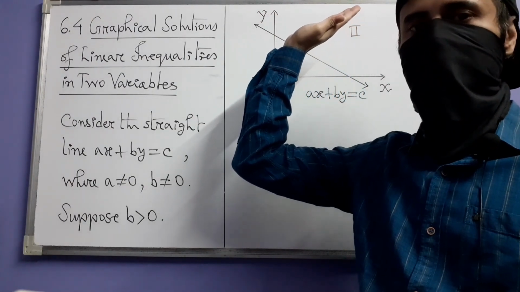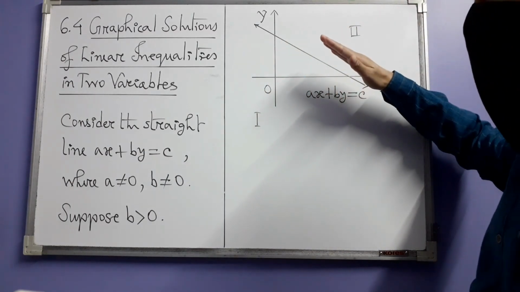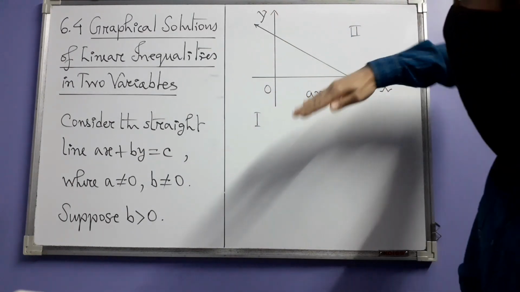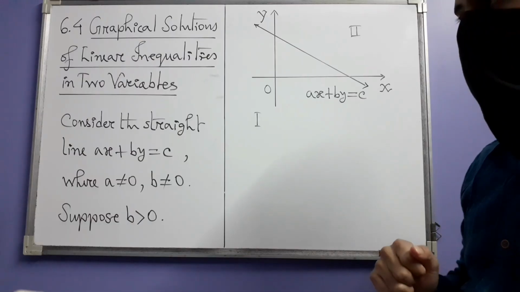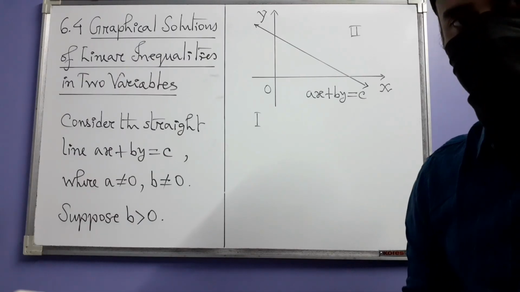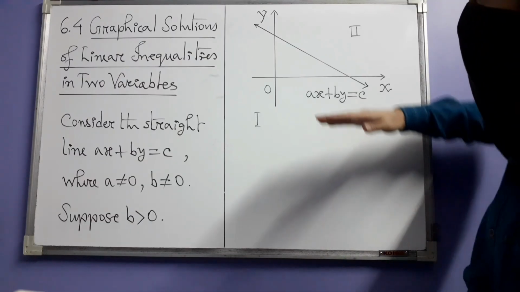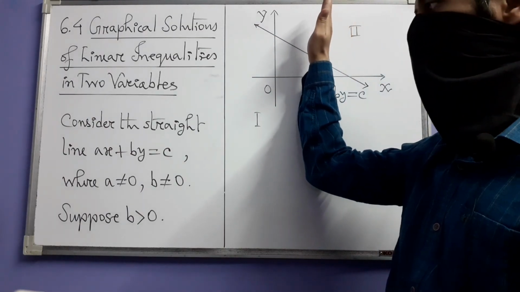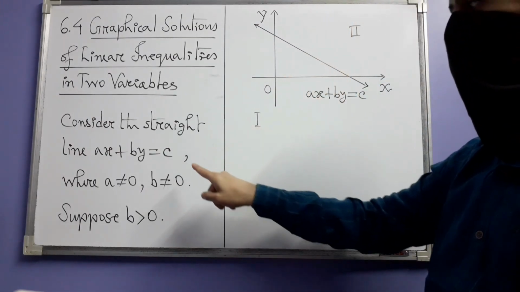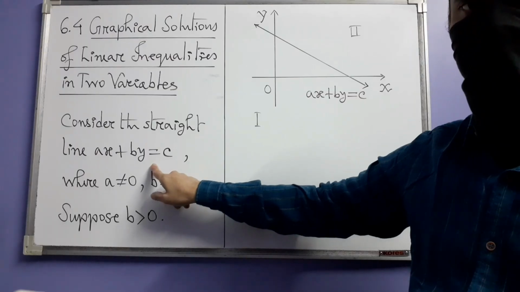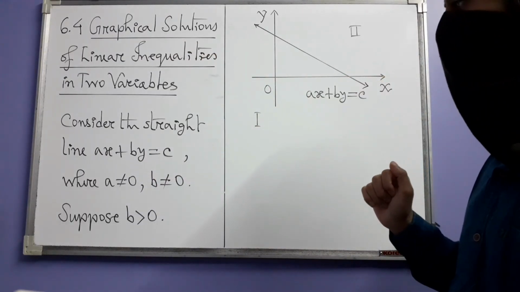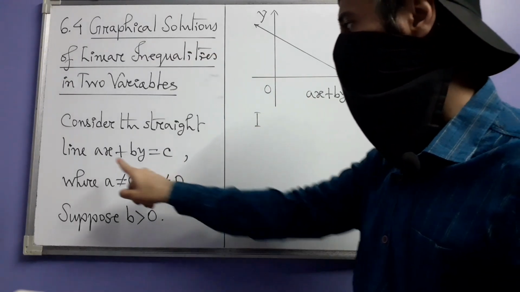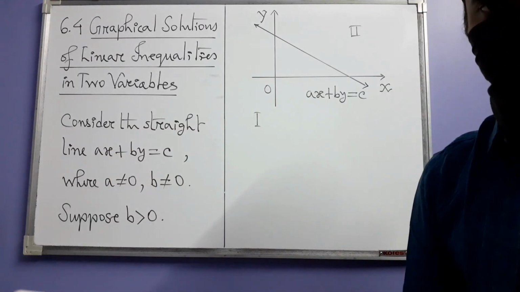Why should the graph be tilted in either this way or this way? What are the other possibilities? The other possibilities are these. The graph could also have been horizontal or vertical. But in order to have the graph of this equation a horizontal line, we need a to be equal to 0.